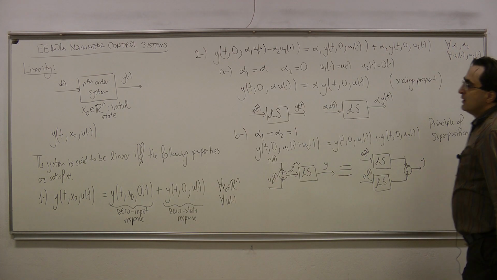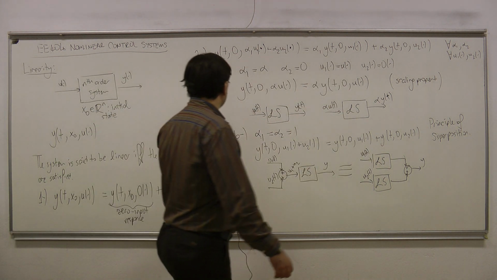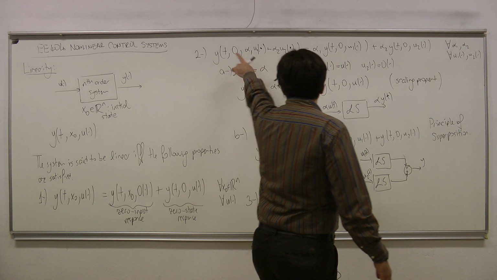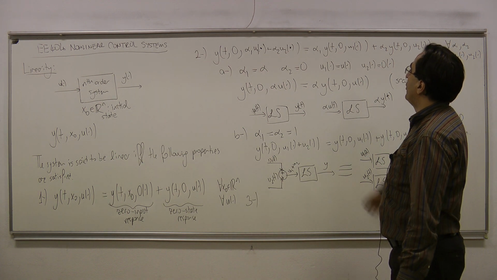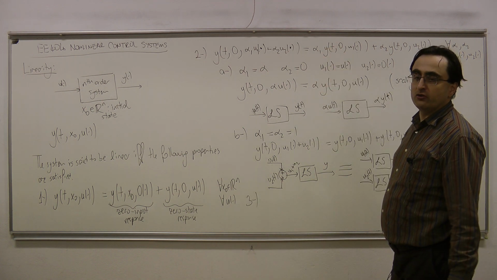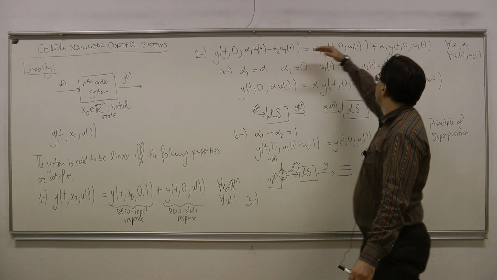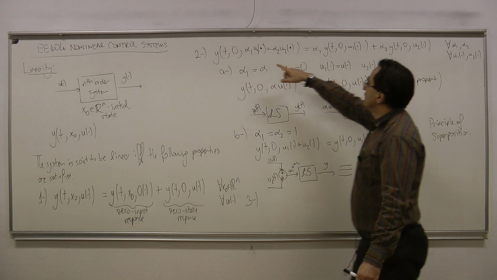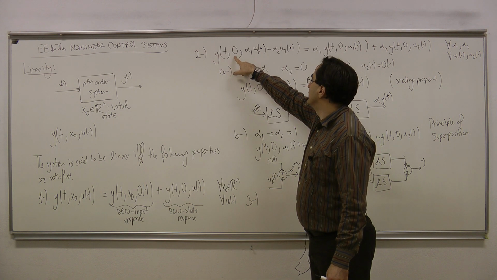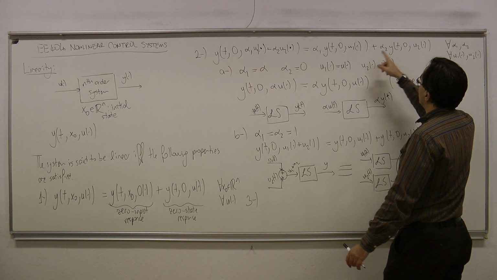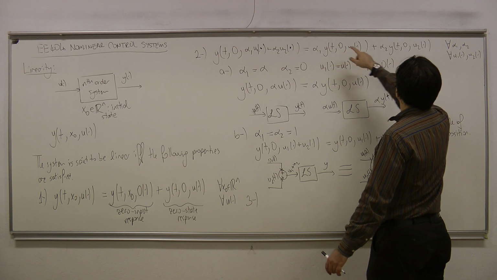The third and last property is the following. The same type of idea can be applied on initial conditions. When I have zero input response, I set the inputs to zero, but in this case I get a linear combination of initial conditions, and the response is the same linear combination of the responses to the individual initial conditions.